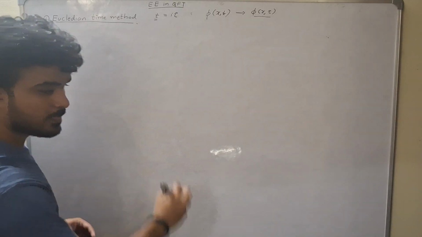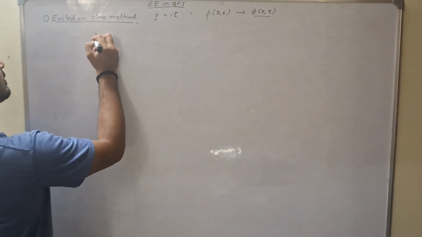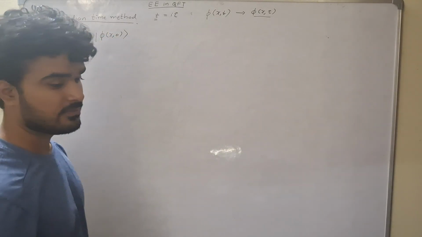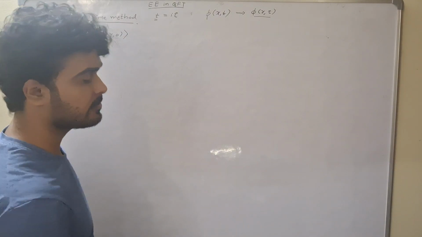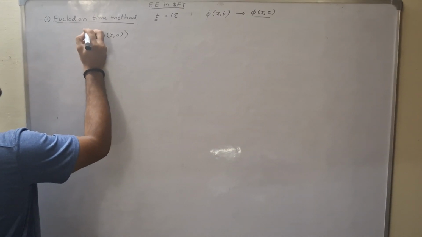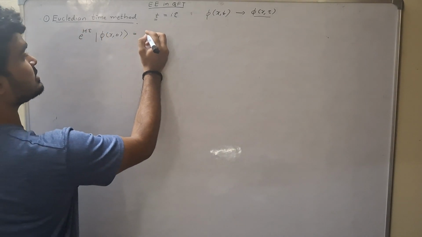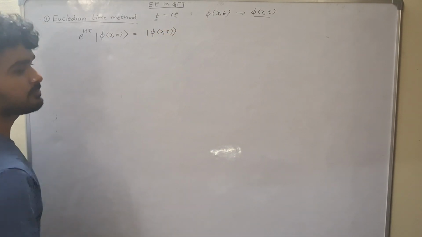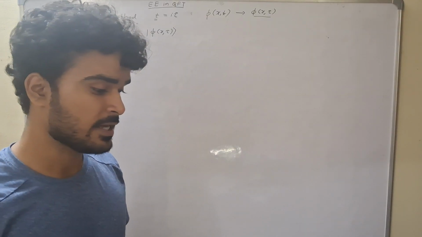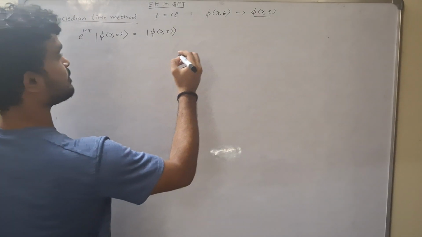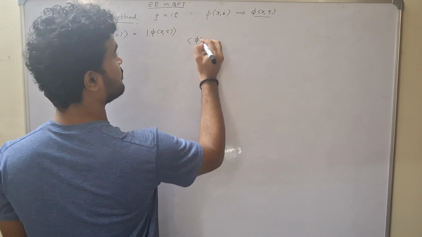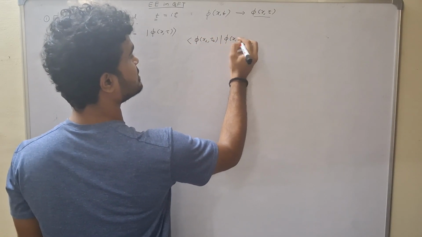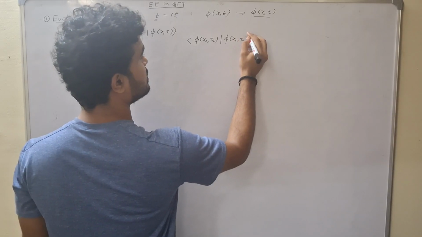So for that, suppose we have a field phi of x0, this is some state, and we can make its time evolution in the Euclidean picture. It is e to the minus H tau, and this gives the state phi of x, tau. Given this information, we can write the path integral as the amplitude of phi x2 tau 2 with phi x1 tau 1.